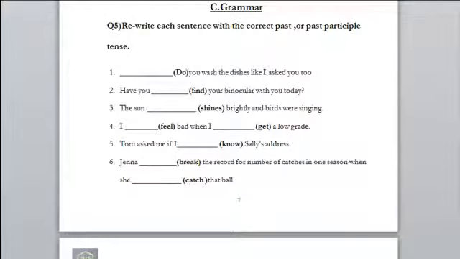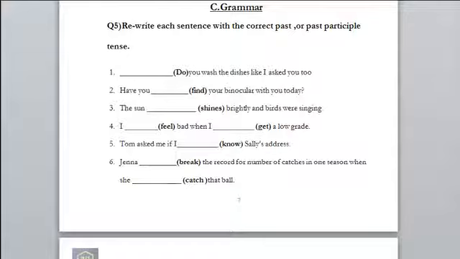Whenever you see have, has, or had, you are putting the verb in the third form, or the fourth form actually, because your book divides every verb into four parts, and the past participle will be the fourth form. So whenever you see the verb to have coming before the main verb, the verb will be changed into the past participle form.